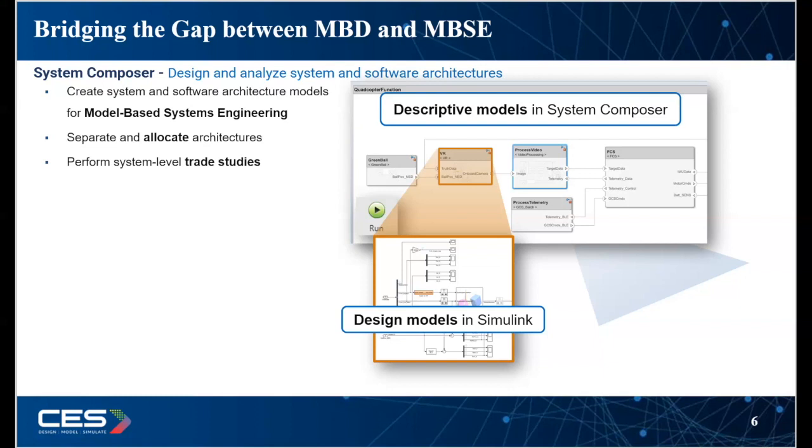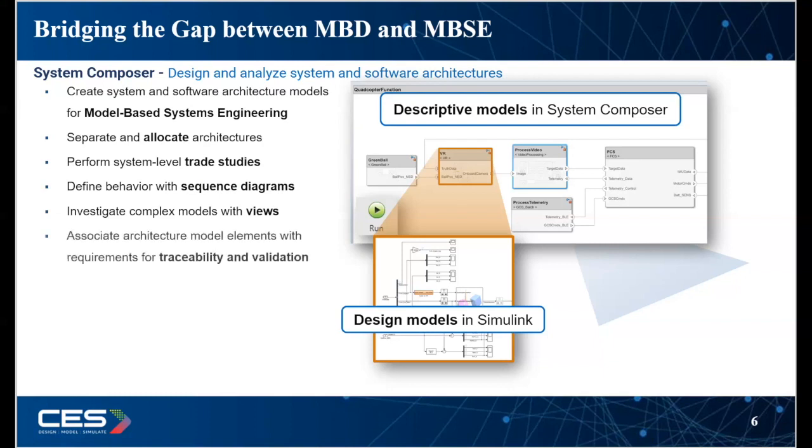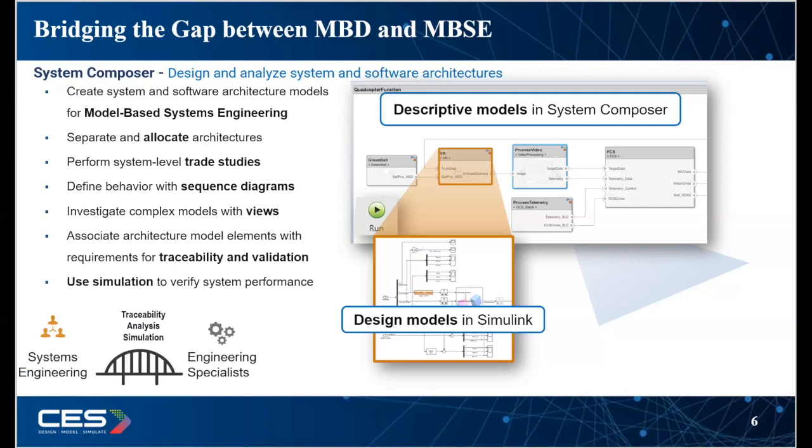You associate requirements to your architecture model for traceability and validation. And then you can run your simulations to verify the performance of your radar system. System Composer helps bridge the gap between system engineers and system engineering specialists and people that are going to work on model-based design.